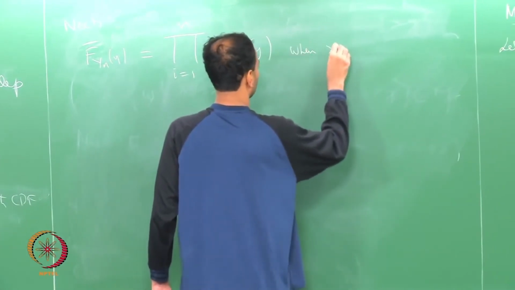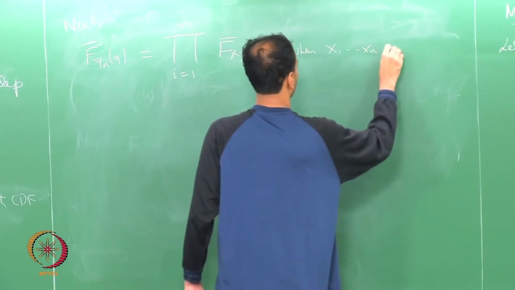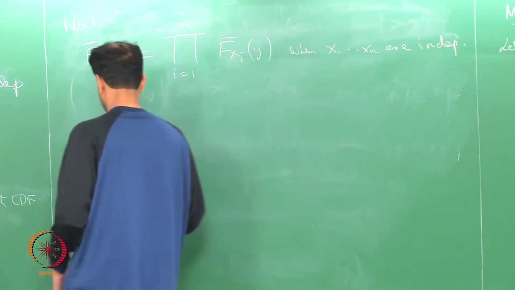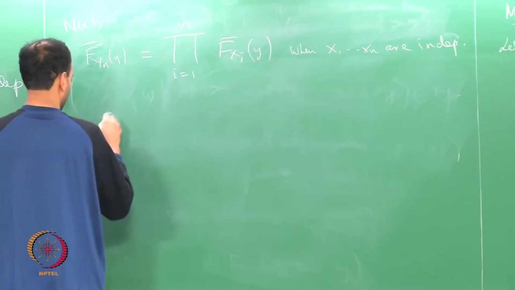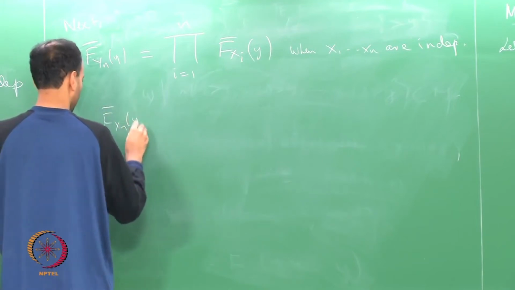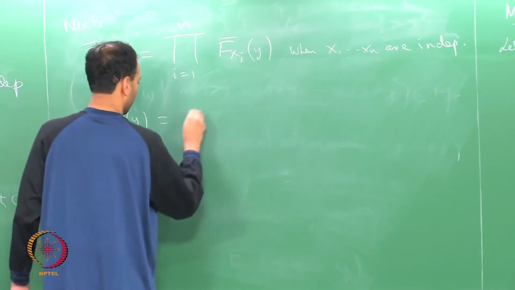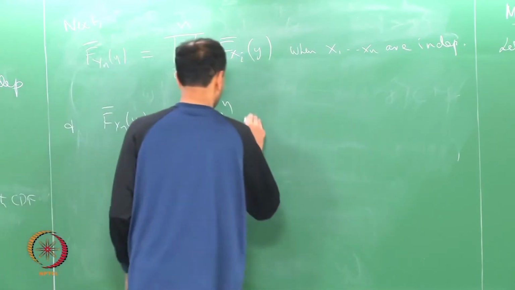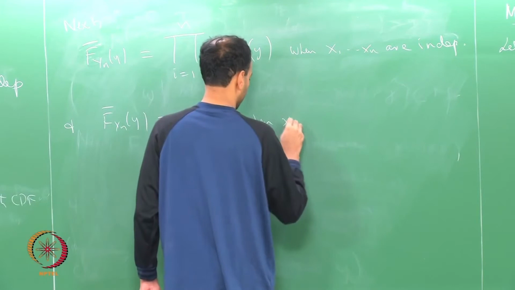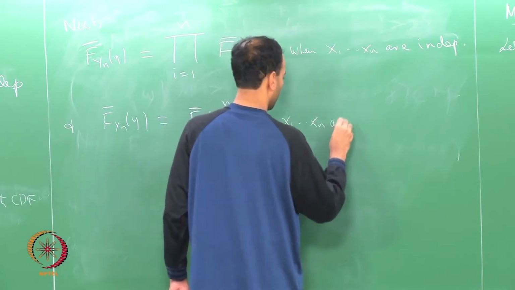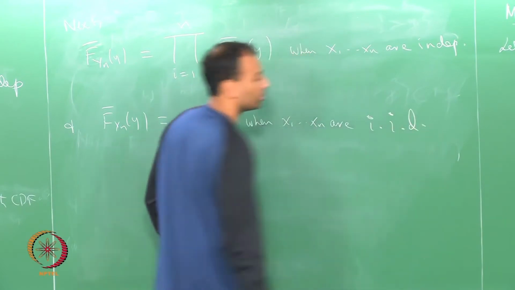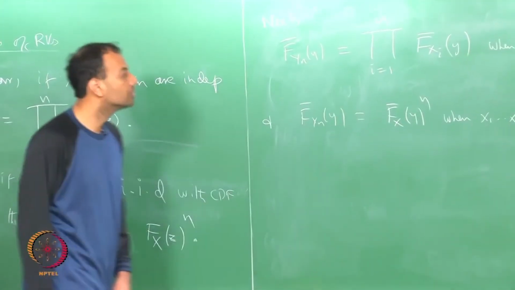When X1 to Xn are independent, and F_{Y_n} bar of y is equal to Fx bar of y to the nth when X1 to Xn are independent and identically distributed, IID.